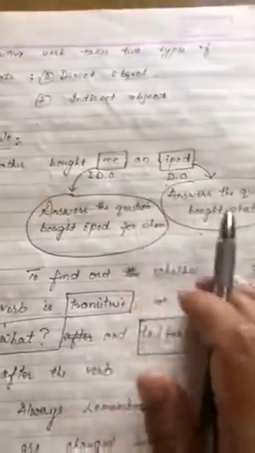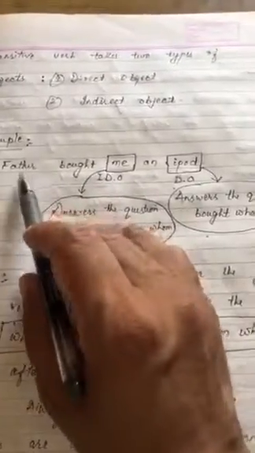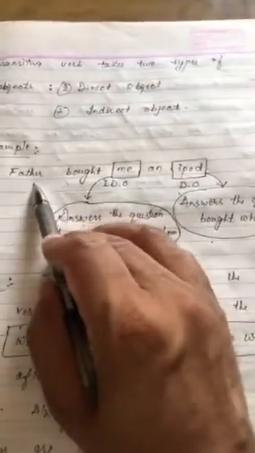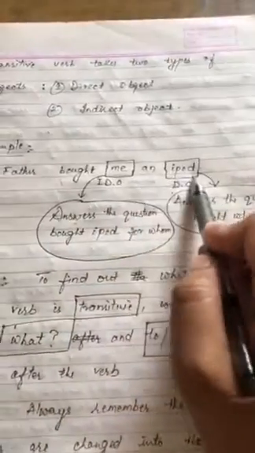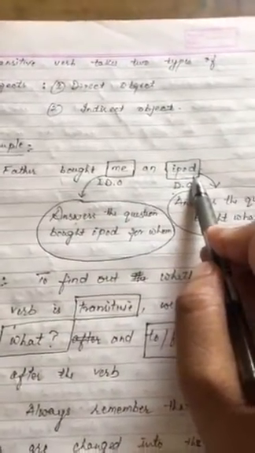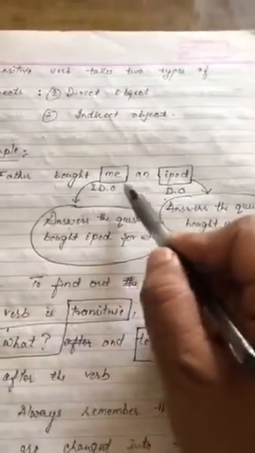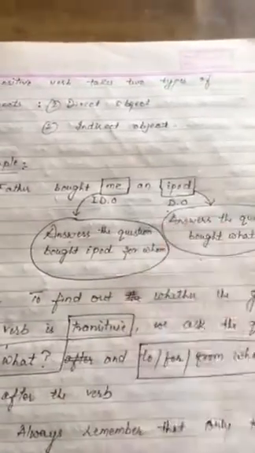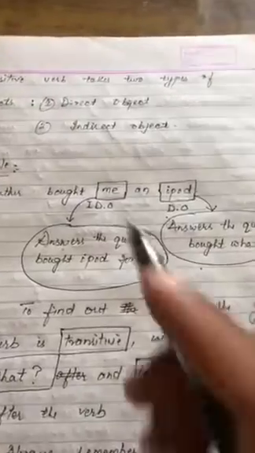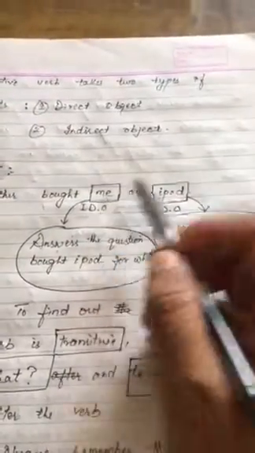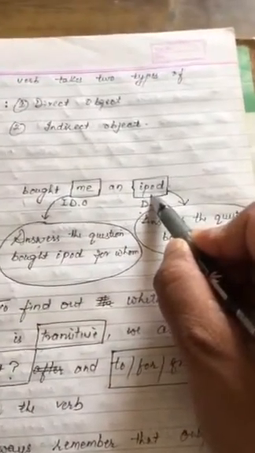We will try to understand with an example. Now see the example: Father bought me an iPod. Try to understand that this sentence has two objects. The first one is me and another one is iPod.